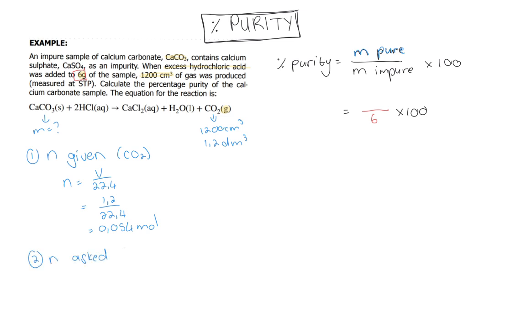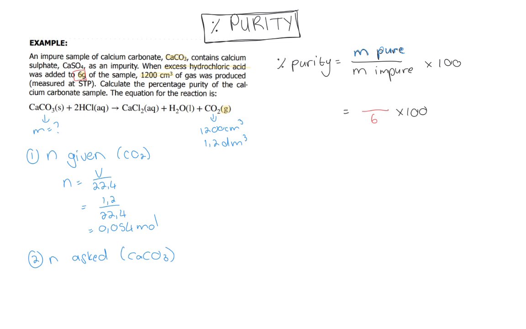And now I can determine the mole of the one that was asked. There is no limiting reactant here because there isn't enough information. Oh, sorry, they said this one was in excess, but they don't give you any other information on that one, so it's fine. I can just use that and that with my ratios. So I know the ratio of my calcium carbonate and my carbon dioxide, it is balanced, so I use a ratio of 1 to 1.